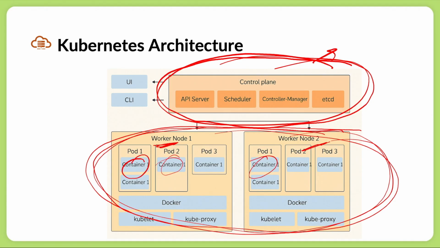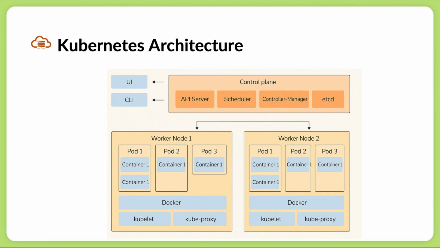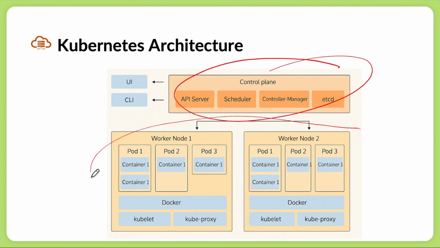So when we say I need 3 containers, the control plane is going to make the decision and make sure 3 containers are up and running, and they will run on the data plane, on the worker nodes. So at a high level, we have two bigger components: one is the control plane, another is the data plane, and the data plane is also called the worker node.